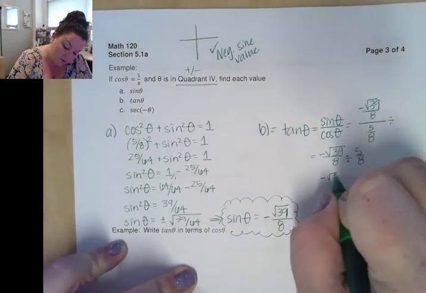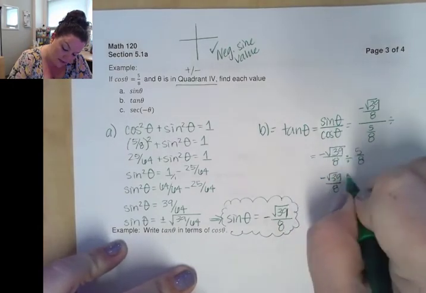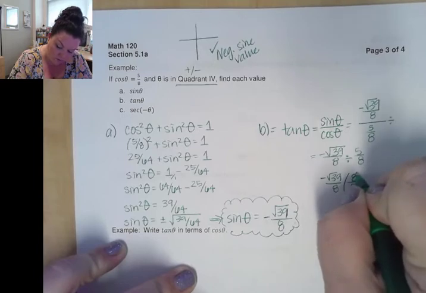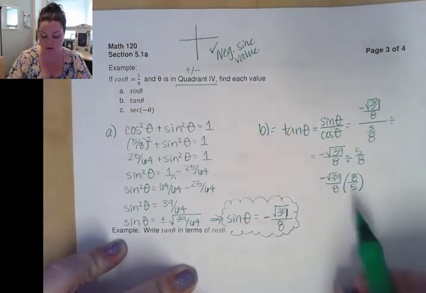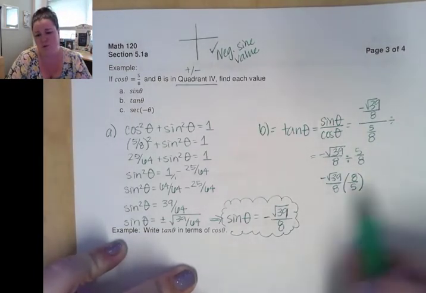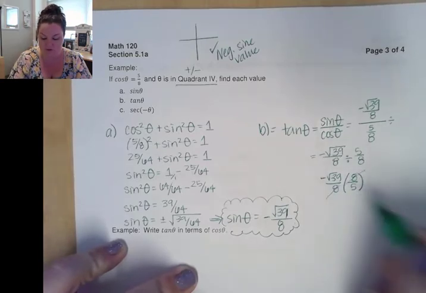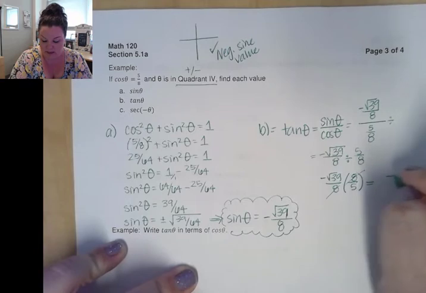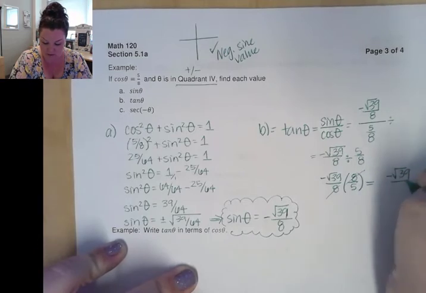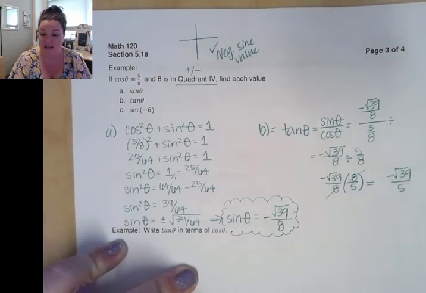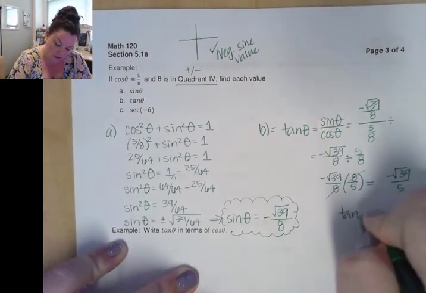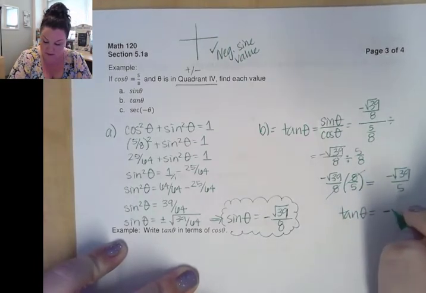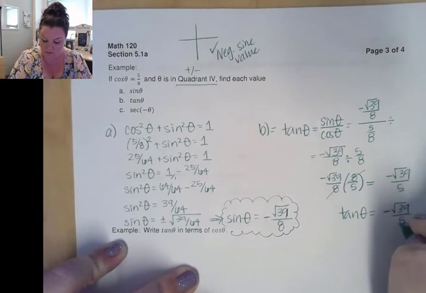So negative square root of 39 over 8 times 8 over 5. Now we can multiply straight across. Before we multiply, I'm going to go ahead and reduce because I have an 8 on top and bottom. So we end up with negative square root of 39 over 5 as our tangent value. So tangent theta is equal to negative square root of 39 over 5.